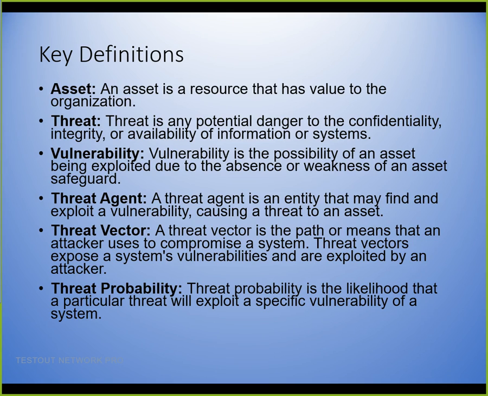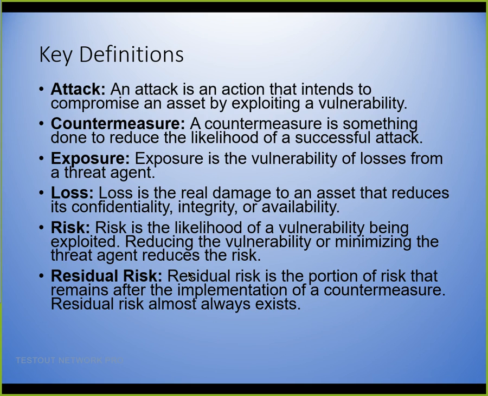A threat vector is the path or means that an attacker uses to compromise a system. And threat probability is the likelihood that a threat will be exploited. I think we did these a little earlier, but it's a review here.